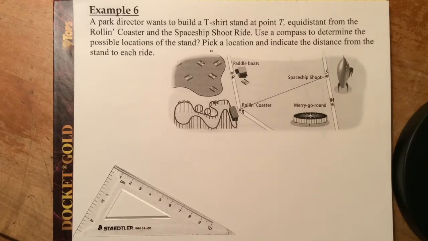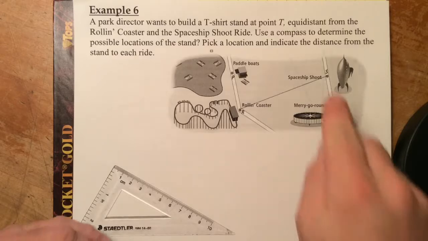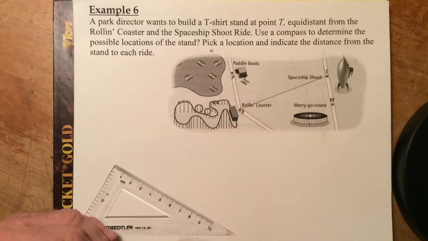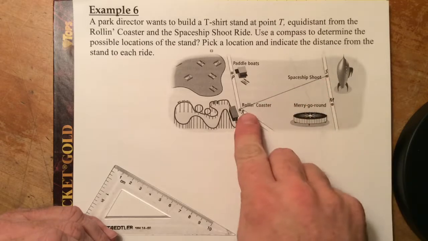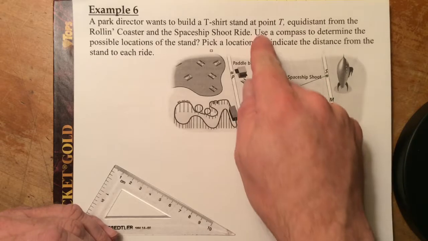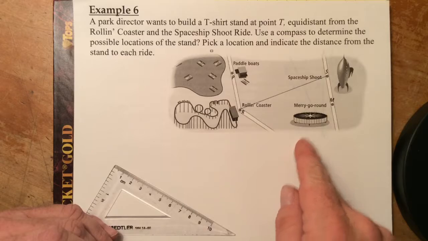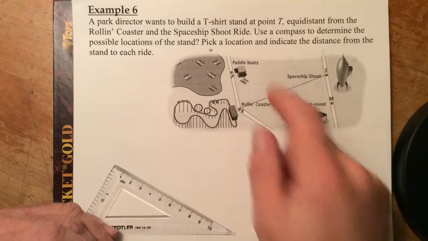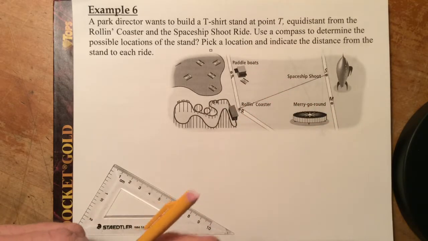Recalling how to construct a perpendicular bisector from earlier this semester, we use these two endpoints, and anywhere along that perpendicular bisector will give us any location for a t-shirt stand that we want. So, take your compass.